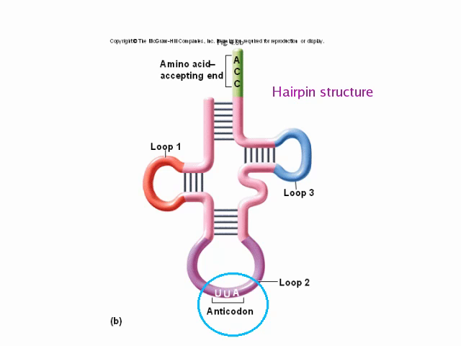And at the opposite end is the amino acid. Right? That there would code for an amino acid. So that's what tRNA looks like.